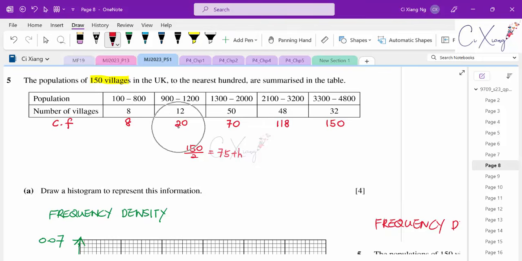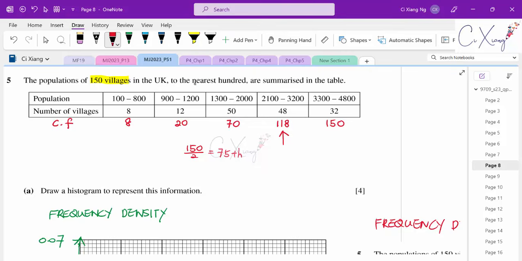After that, the second class accumulates until the 20th value. Then the third class, the highest frequency that we accumulate is 70. So 75 will be somewhere here.